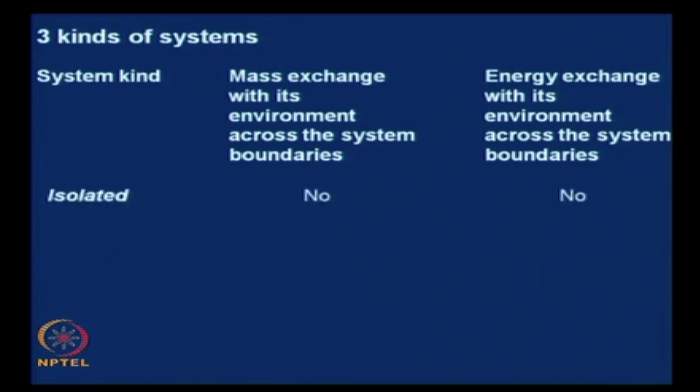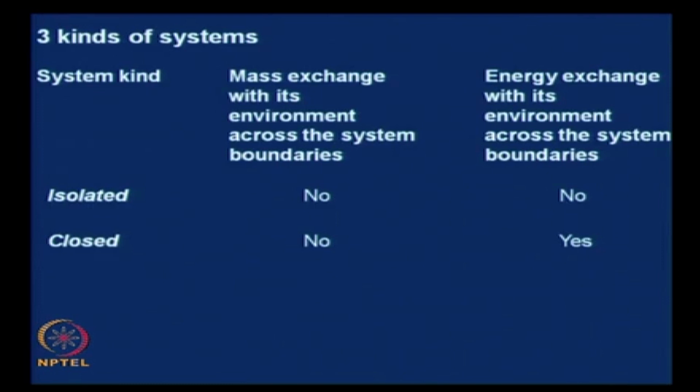The first kind is called an isolated system, where there is no mass exchange and also no energy exchange between the system and its surroundings across the system boundaries.